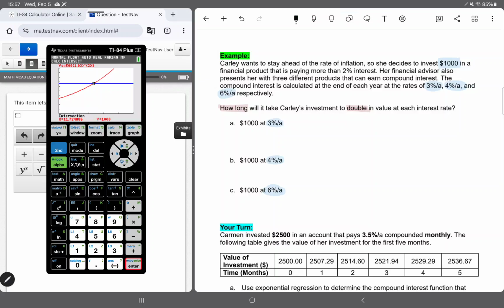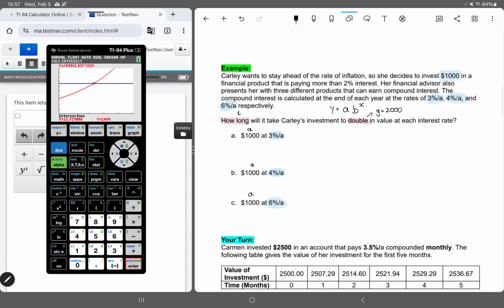So if I think in terms of my formula, well, my initial value, they give that to us. That's going to be my 1,000. And if I'm doubling, that means y, my future value, is going to be 2,000. And what I'm looking for, again, is the long.